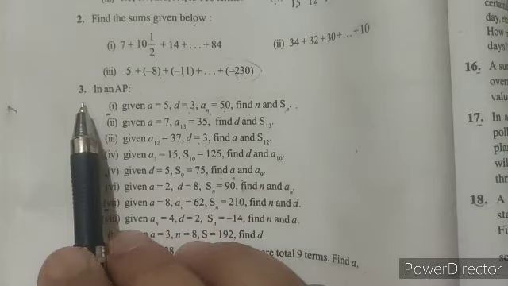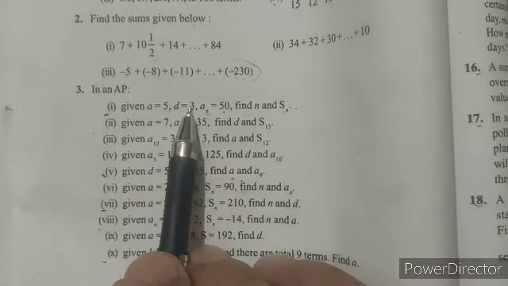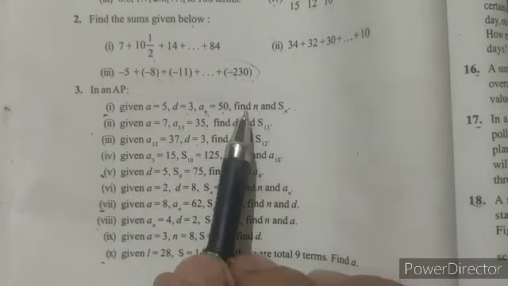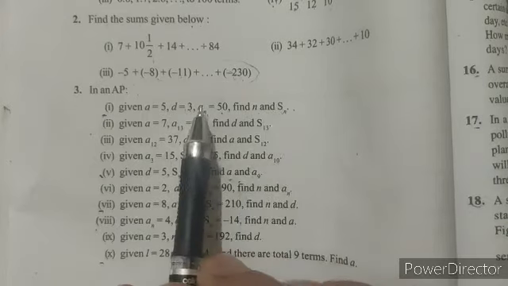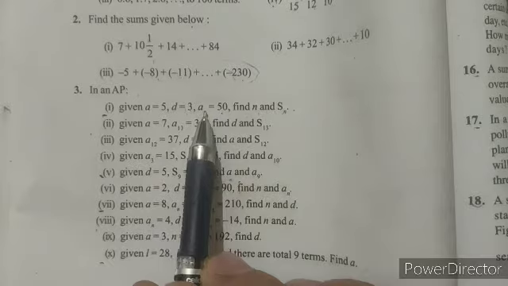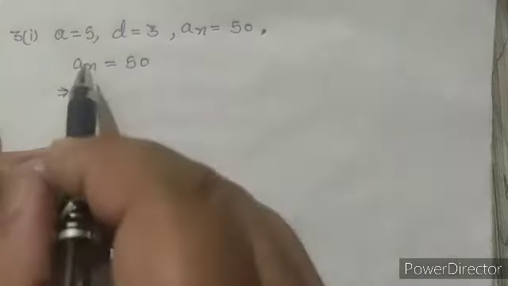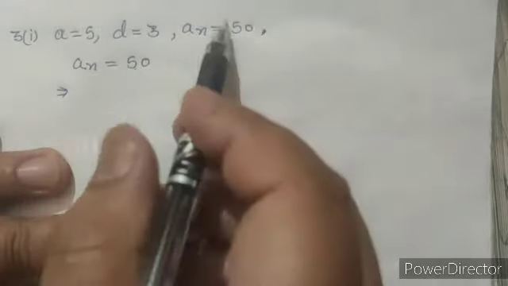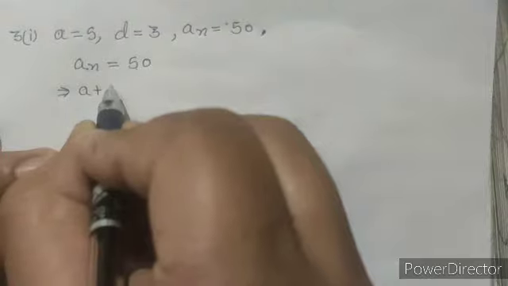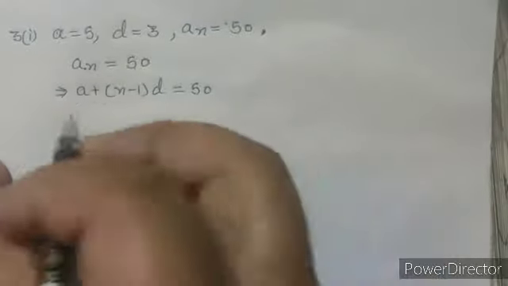In question number 3, in an AP, a equal to 5, d equal to 3 and an equal to 50 are given to us. Now we have to find the value of n and Sn. As an is given to us, we will apply the formula for an to get the value of n. Now an is equal to 50 here, and the formula for an is a plus (n minus 1)d, and that is given to us equal to 50.